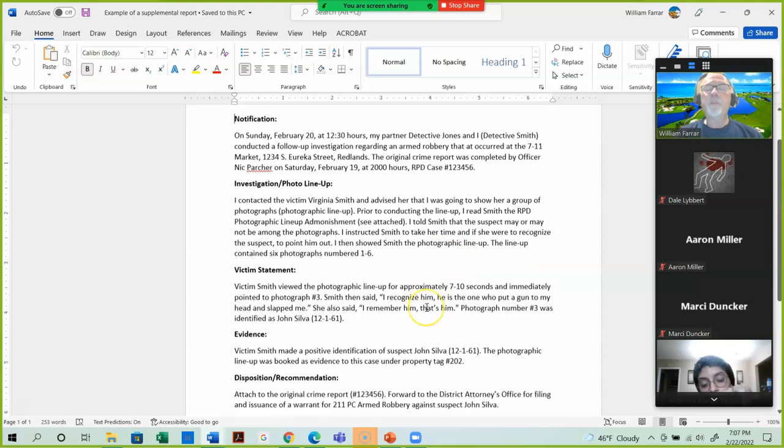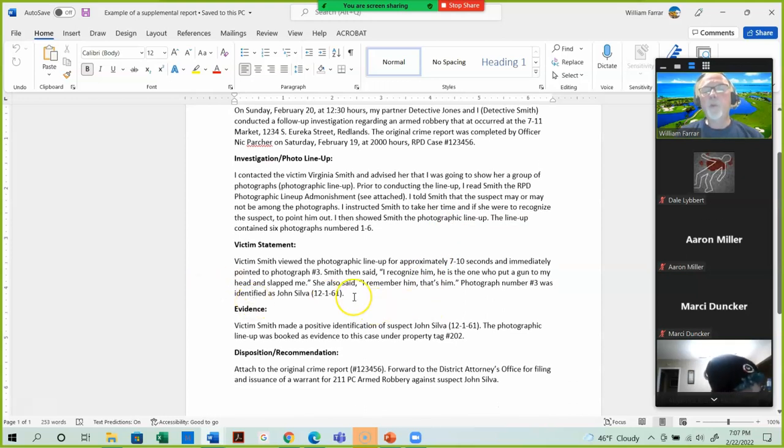And then what the victim tells me, I put under a statement. Now, you probably could put it under investigation photo lineup too, but I just separated it out so the reader knows, hey, here's the prep work I did, and now here's what the victim is going to tell me. So the victim viewed the photographs for about 7 to 10 seconds, and that's important because when somebody makes an ID, if it takes them 5 or 6 minutes, that means that they're really not sure.